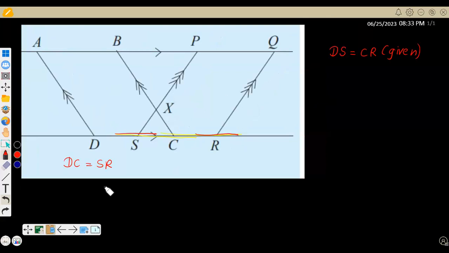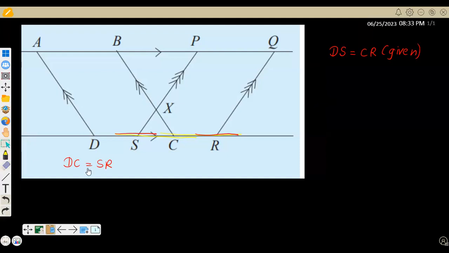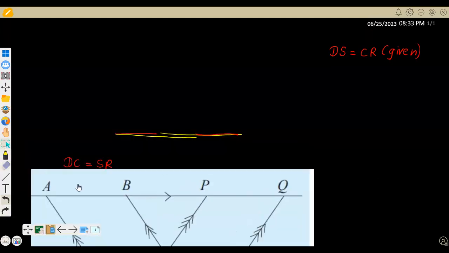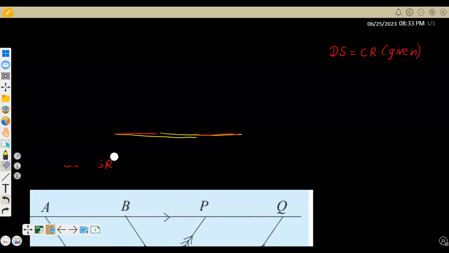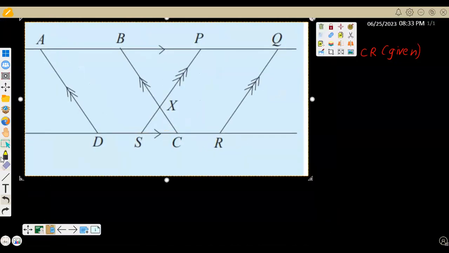Oh, sorry, I was muted. Look at, they have given that DS, this straight line segment, and CR, these two straight line segments are equal to each other.